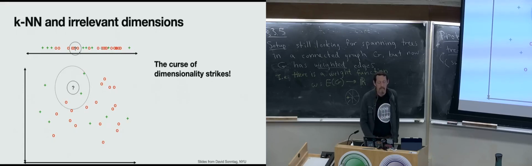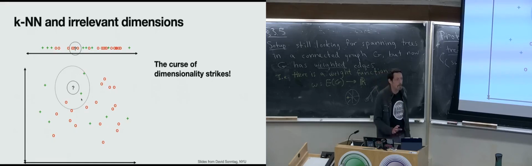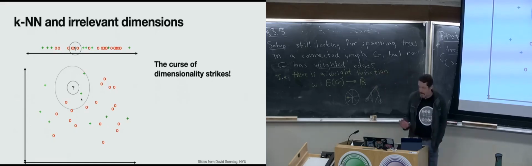You could see 5 nearest neighbors or 3 nearest neighbors in 1D would be just fine in terms of accuracy, but 3 nearest neighbors in 2D is looking real sparse, right?